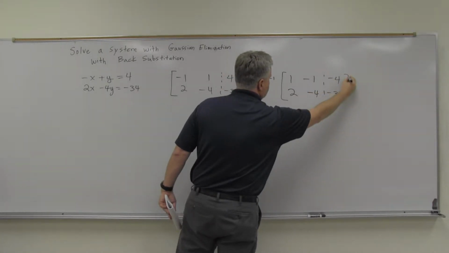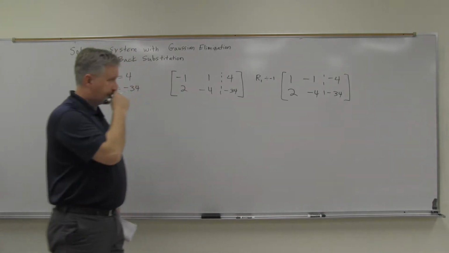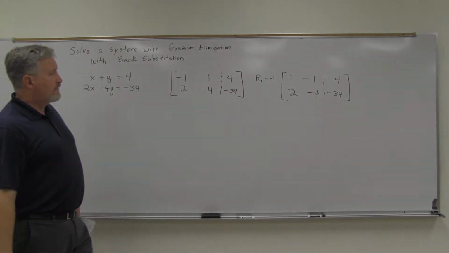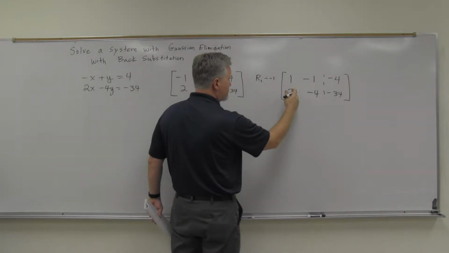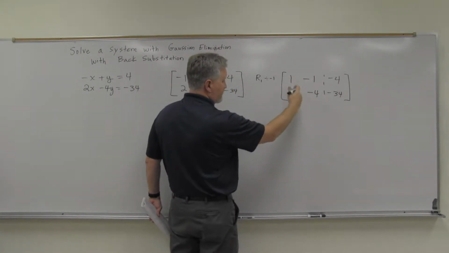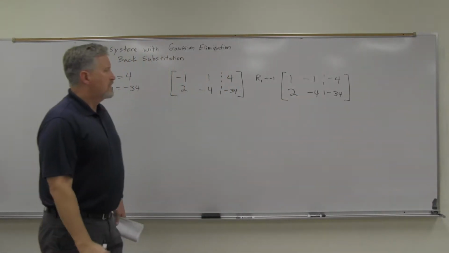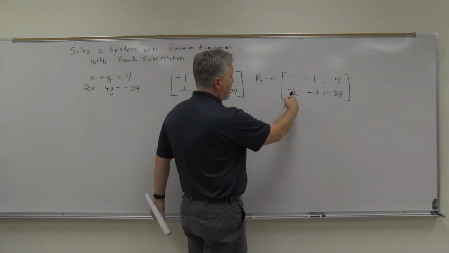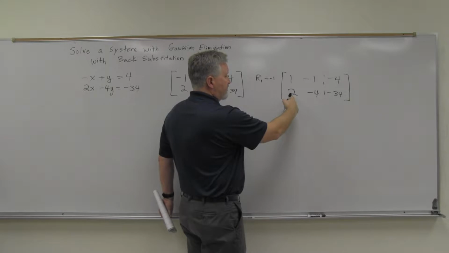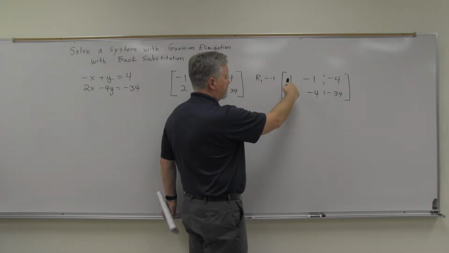And we'll do it all separately here. Now, like we said, we want this term to be 0 because it's below the diagonal, if you will. To make it 0, I add to it a multiple of this row.